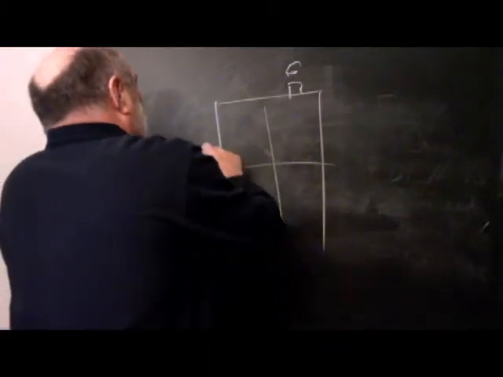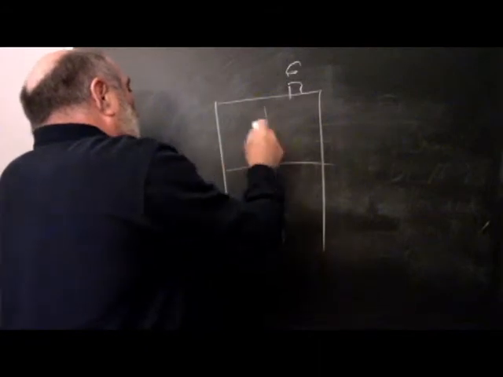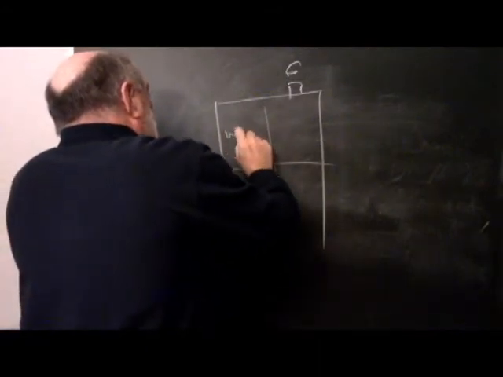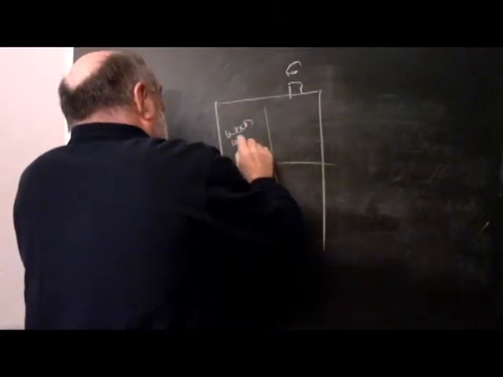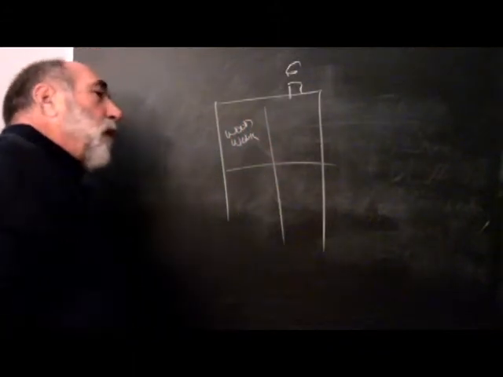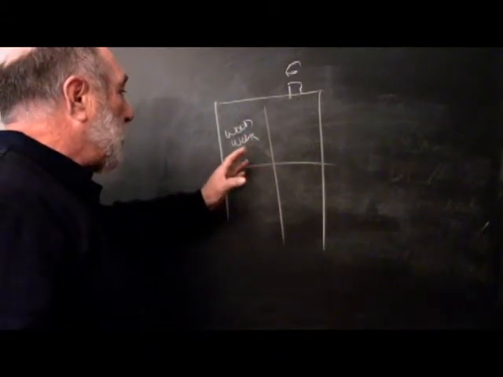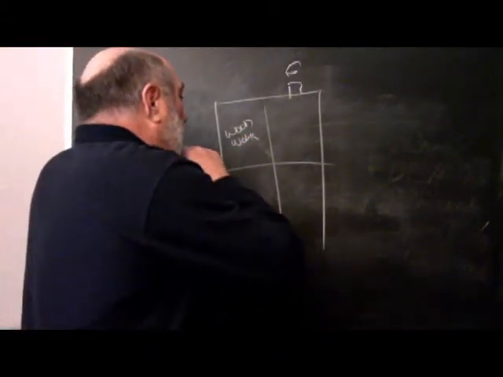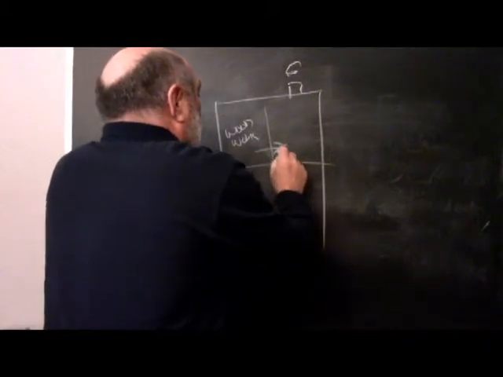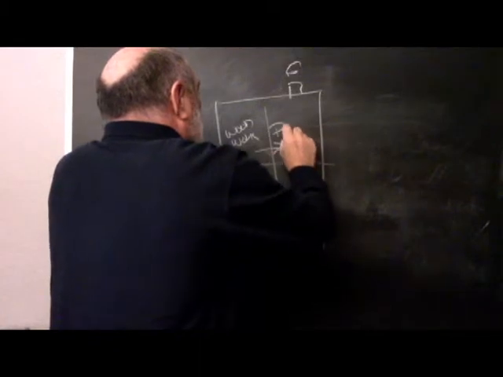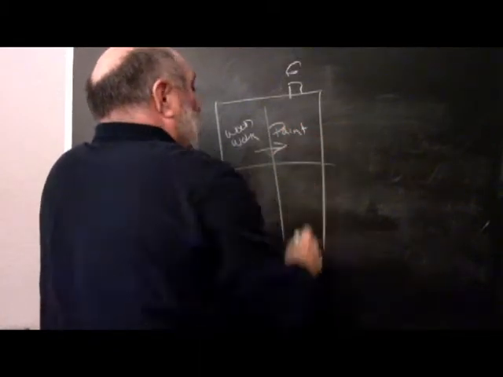What happens is, it comes in, and over here we do the woodwork, where we cut the wood. Then it comes over here where we do the paint, or the finish, I should say.